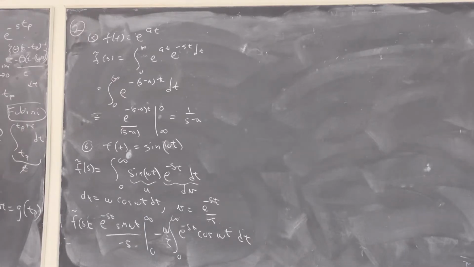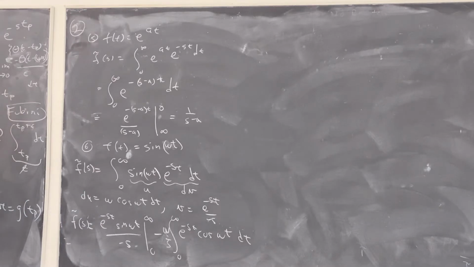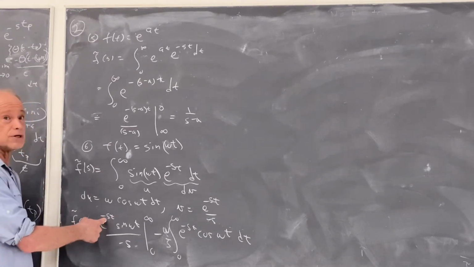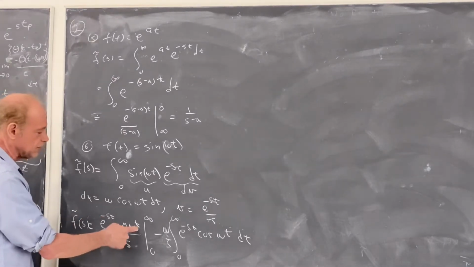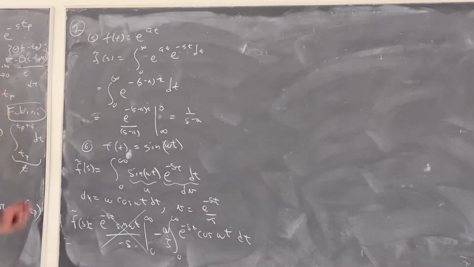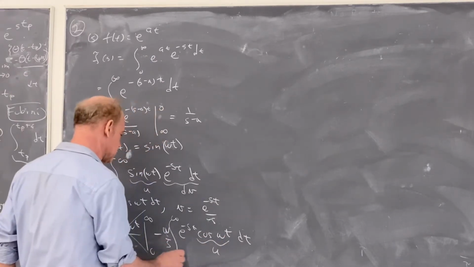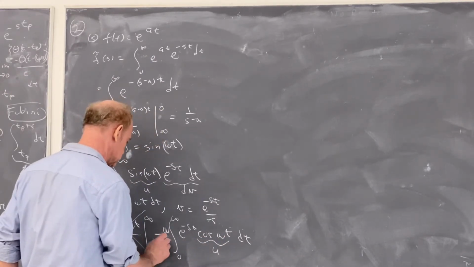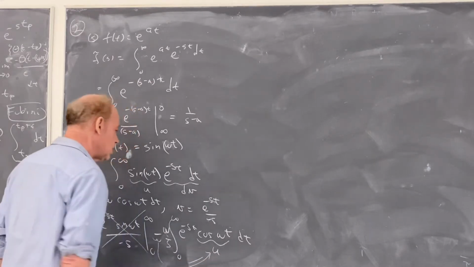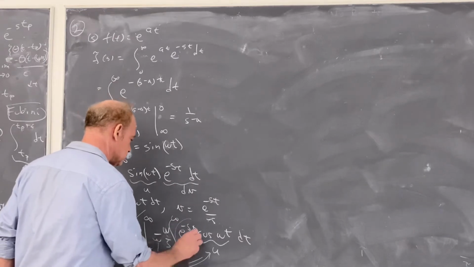Now let's evaluate this. At infinity, this is 0 because the exponential is 0. And at 0, it's 0 because the sine is 0. So this just comes out. And so I just have this thing over here. And now let's do the same thing again. Let's let this thing be u, and I'll include the minus sign in the u. And dv is again this thing.